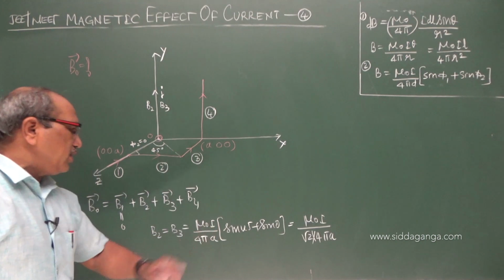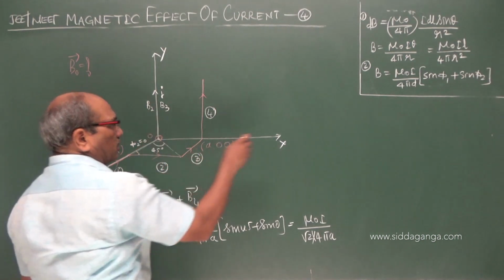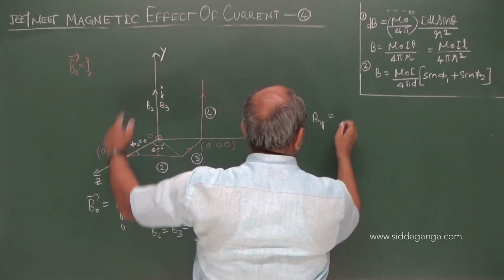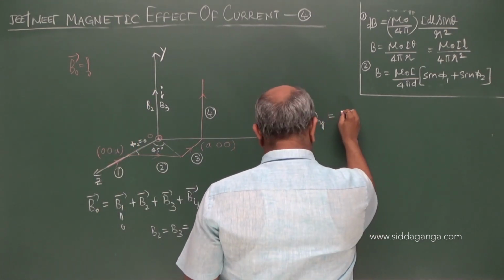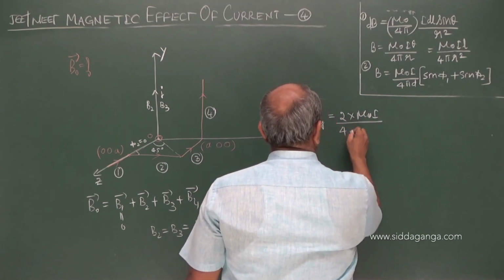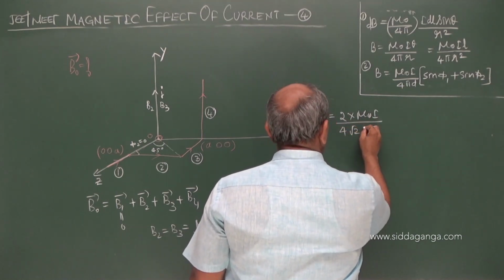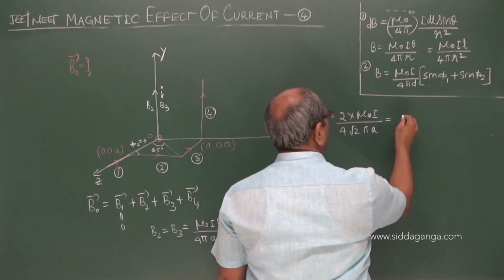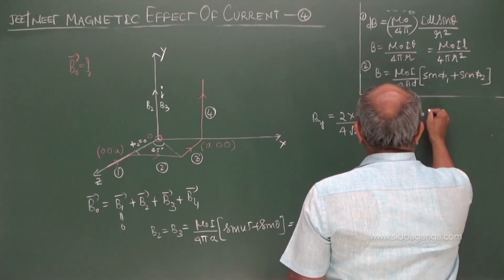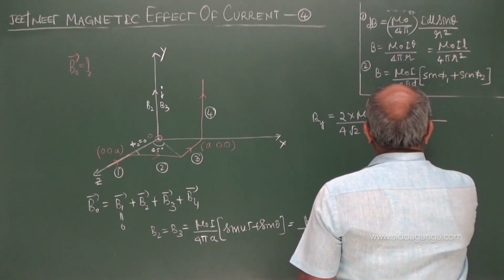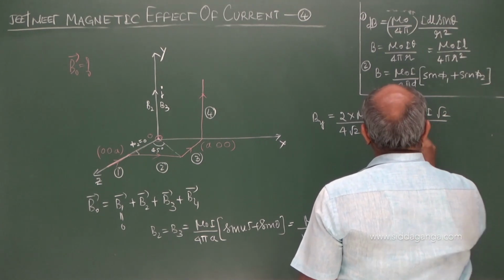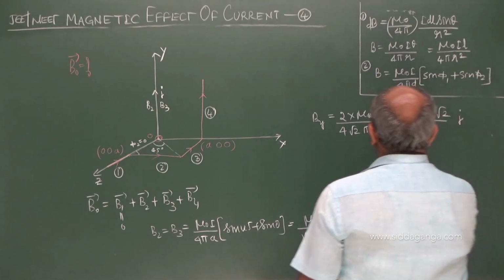Both are the same, therefore I can write 2 into mu naught I by 4 root 2 pi A, which on cancelling gives mu naught I by root 2 into 4 pi A in the direction J.